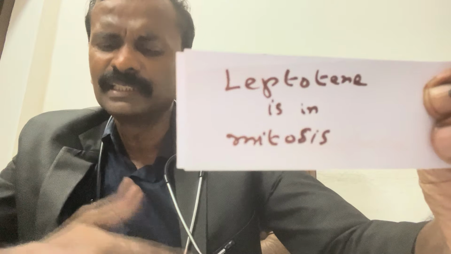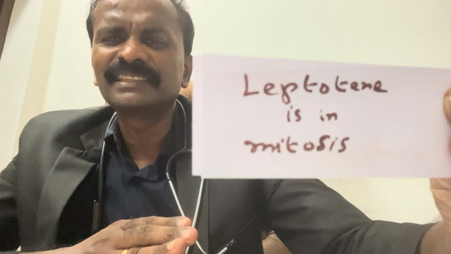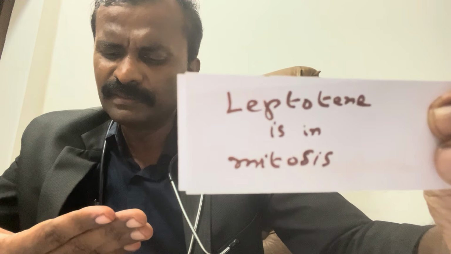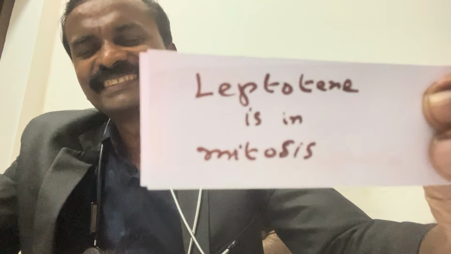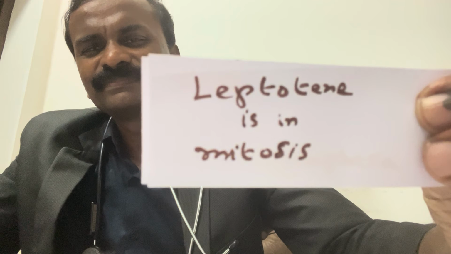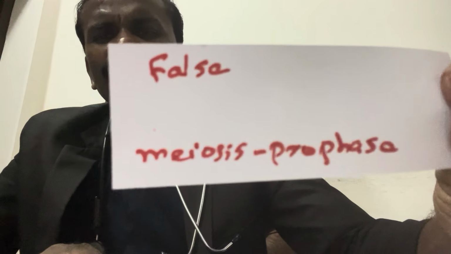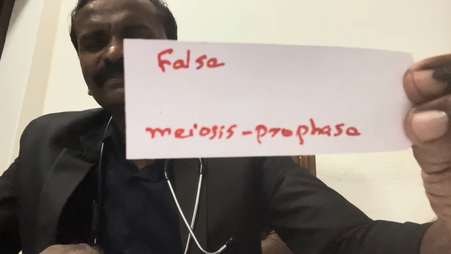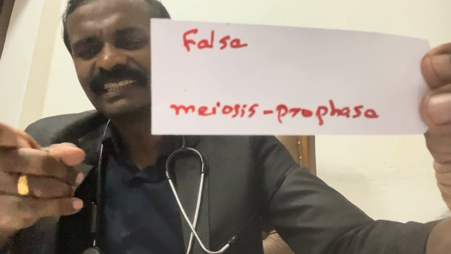Even if you forget now, if you revisit this video for 7 days, I promise you, once you see this, it will get recalled, because you are seeing it with your own eyes. What is the answer? False, because it occurs in meiosis prophase. I told you meiosis prophase has 5 categories, and this is one of them.